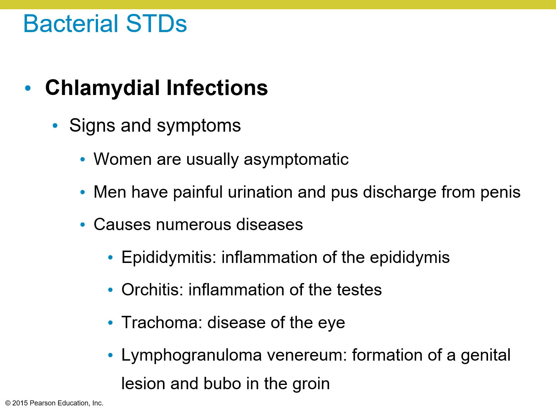A severe form of chlamydial STD is lymphogranuloma venereum, which is characterized by a transient genital lesion at the site of infection on the penis, urethra, scrotum, vagina, cervix, or other external female genitalia.